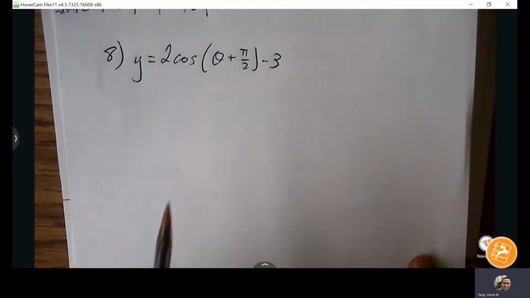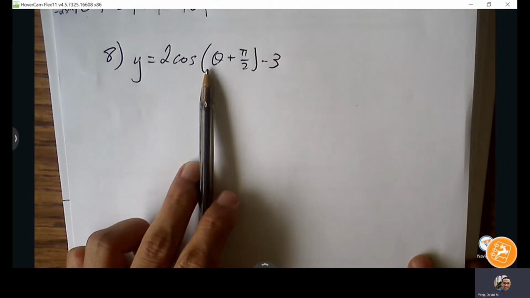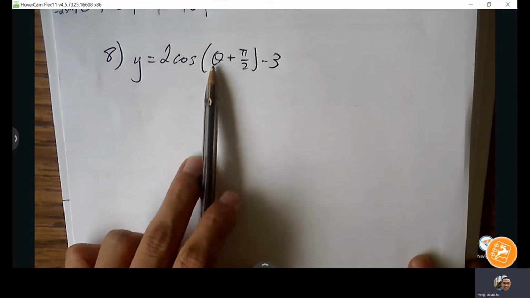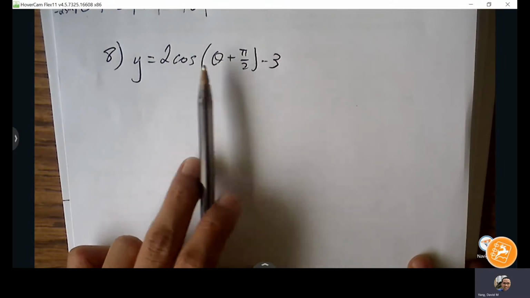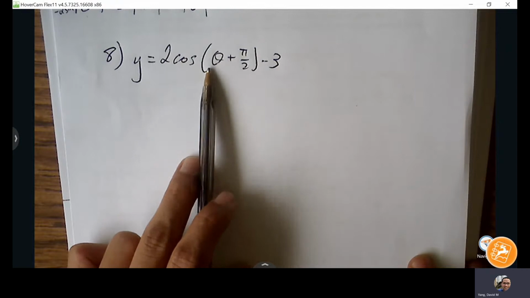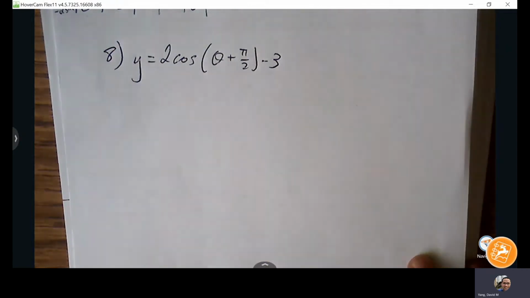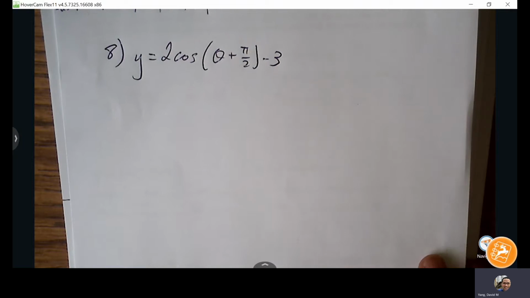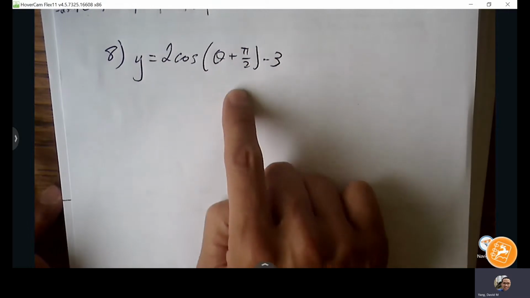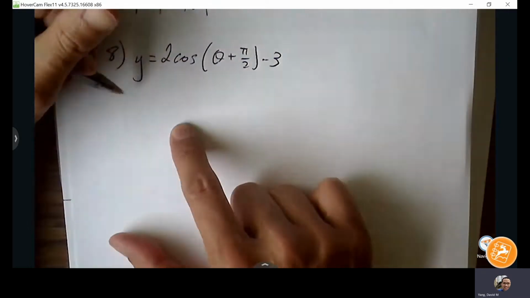The nice thing about this problem is that the b value is 1, so there's going to be a phase shift, but we don't have to find the new period. We can just use 2 pi as our period. Our interval is going to be our normal intervals. We're going to see the full complexity at number 9, but we're going to build our way up to it.